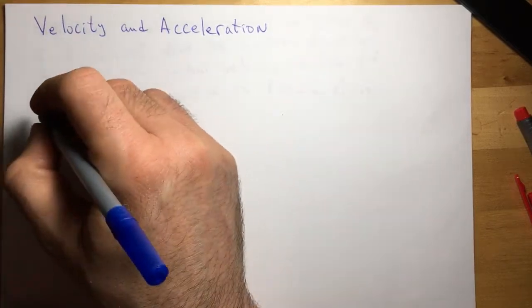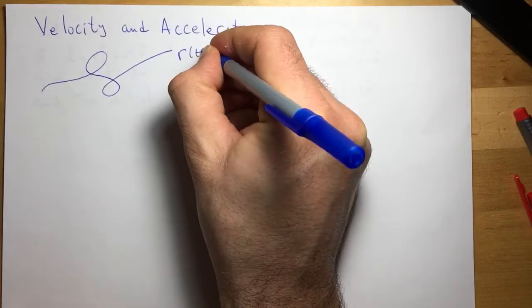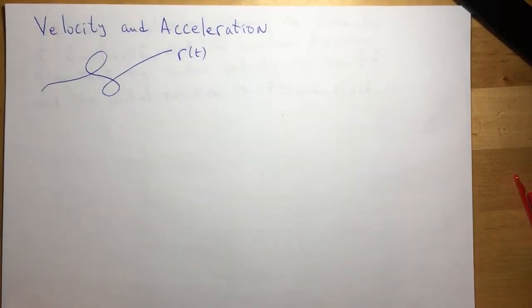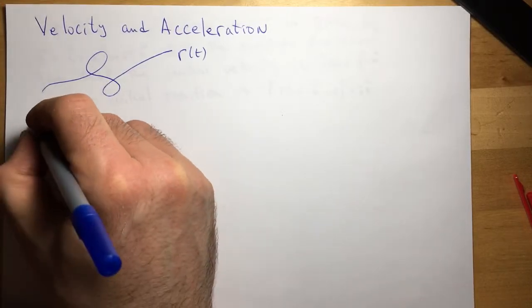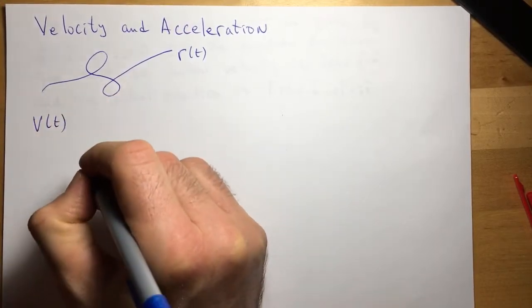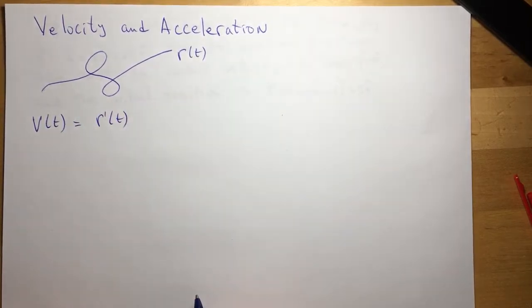So let's say that a particle moves along a curve defined by r of t. Well then, how do we define the velocity? The velocity is a vector defined as the derivative of the position vector function.